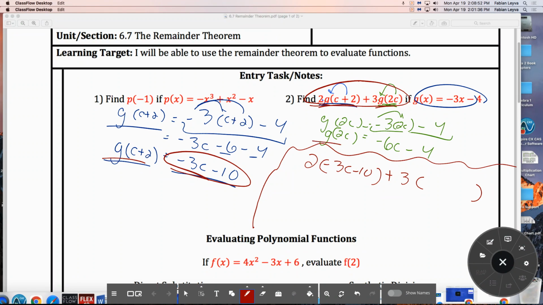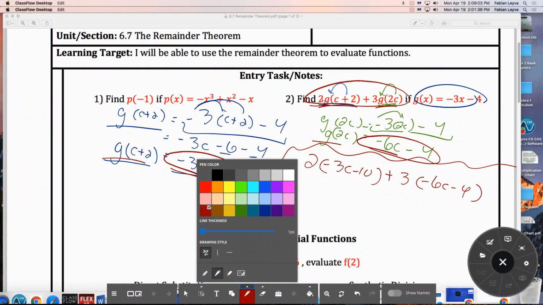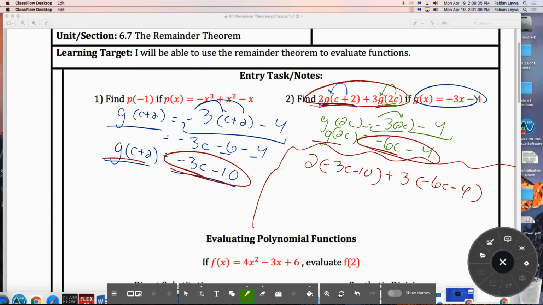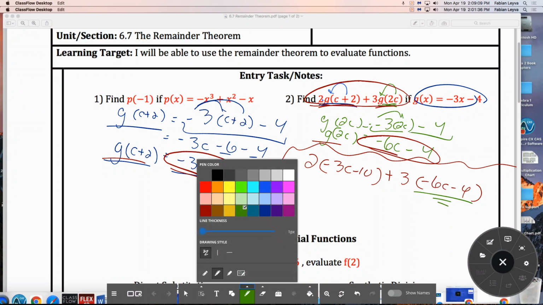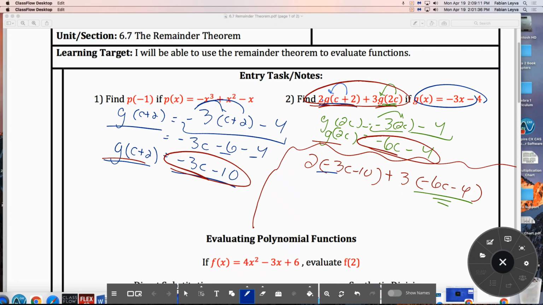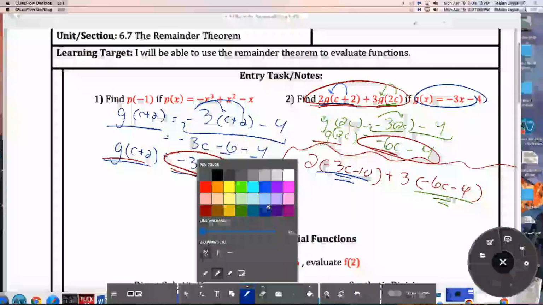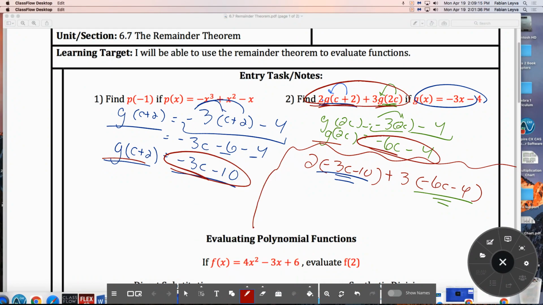And what did the green turn out to equal? Negative 6c minus 4. So again, what I would suggest is understanding where these come from and understanding that you need to find those from the original problem.